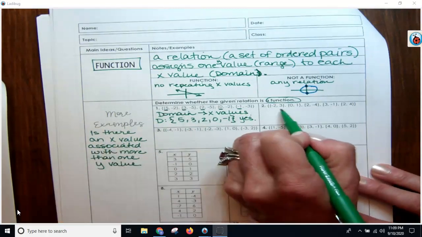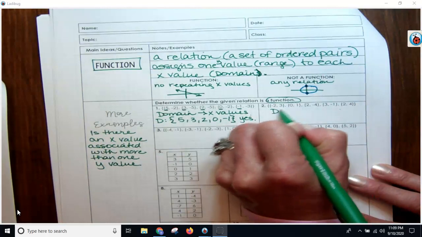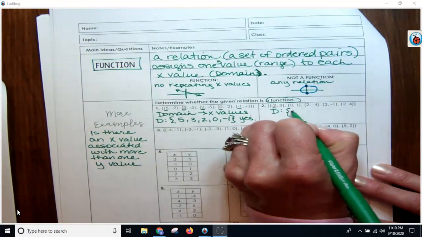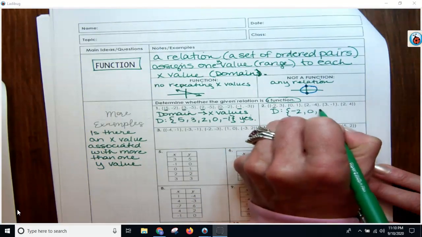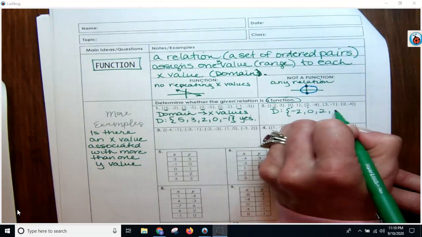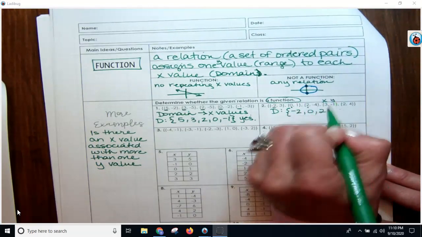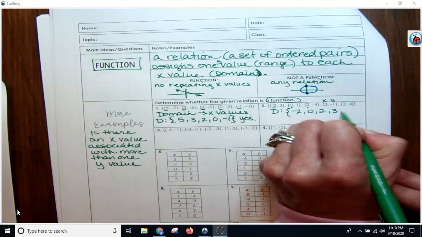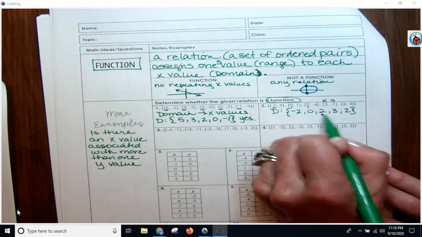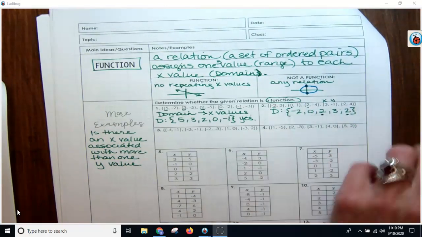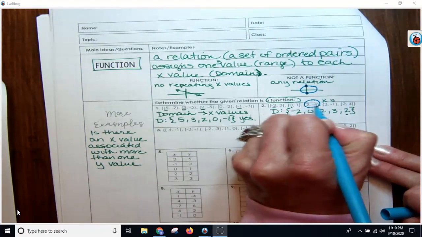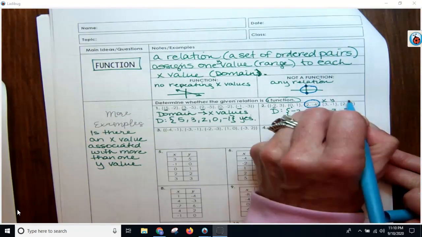All right. What about this one here? My domain is just my x values: -2, 0, 2. Do you see where I'm getting this? I'm looking at the x values. We know that this is x and this is y. 3 and 2 again. So look at here. I've got a 2 here and a 2 here. So these are the points that I'm worried about. This 2 is associated with the y value of -4.